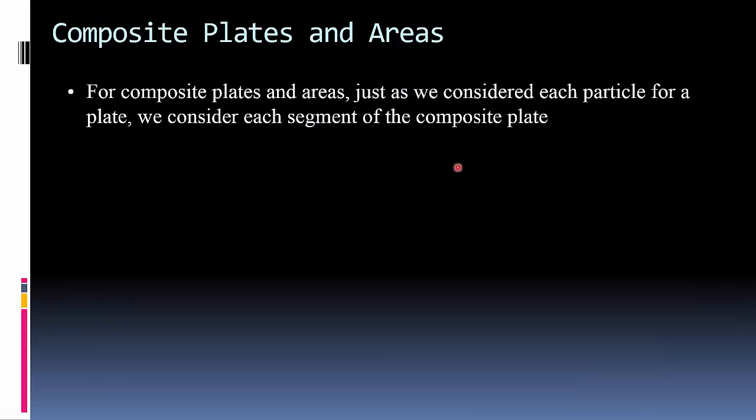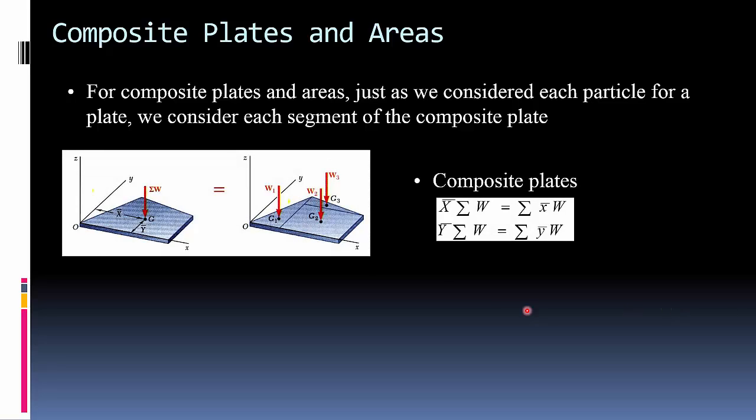Okay, composite plates and areas. Just as when we talked about the center of mass, or the centroid, we considered individual particles, it turns out for a composite plate you can do the same thing, but instead of individual particles, you can talk about each individual piece of the composite plate. So we have our thin plate.